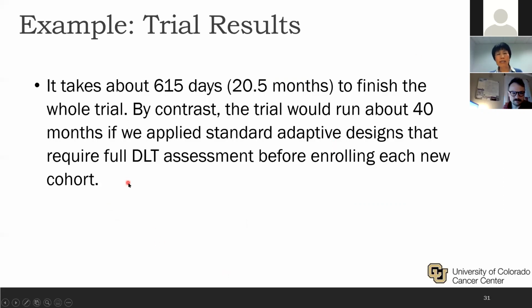So the trial takes about 615 days or 20.5 months to finish. By contrast, the trial would run about 40 months if we apply the standard adaptive designs that require full DLT assessment before enrolling each new cohort.